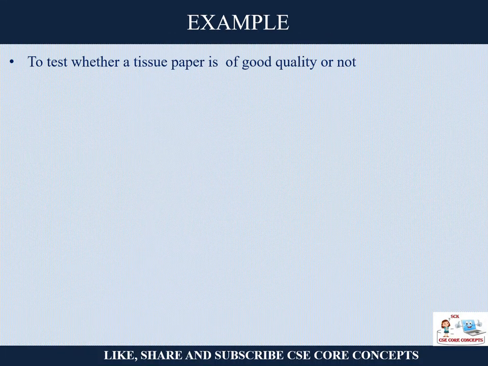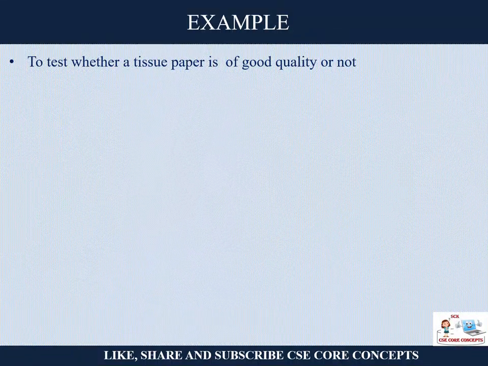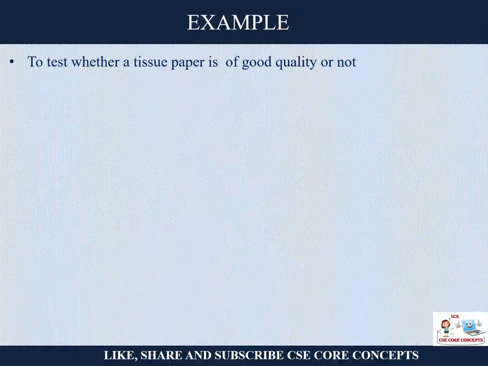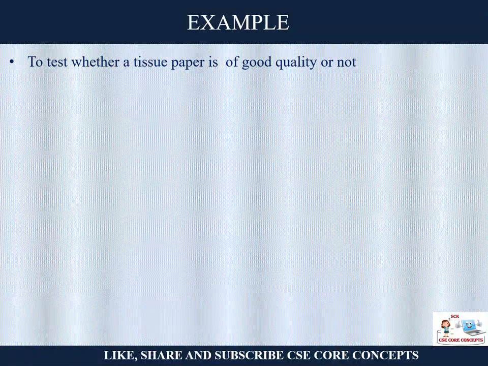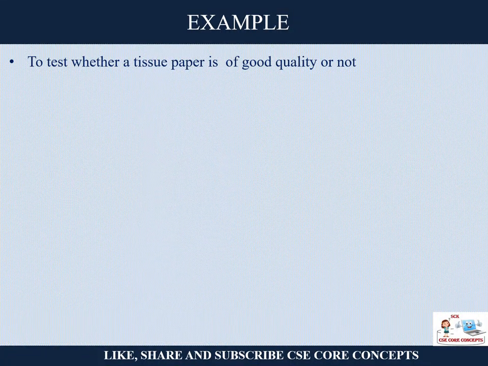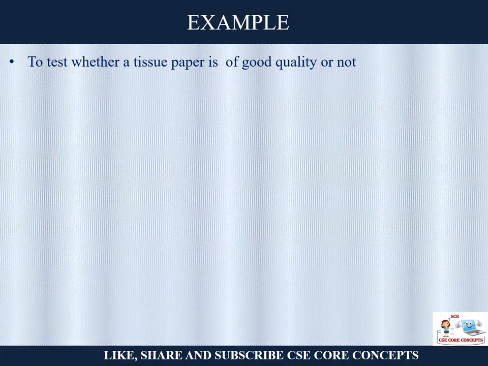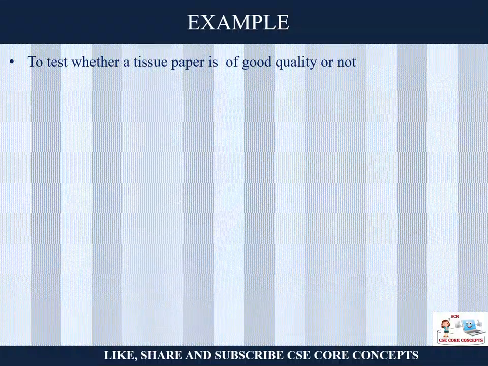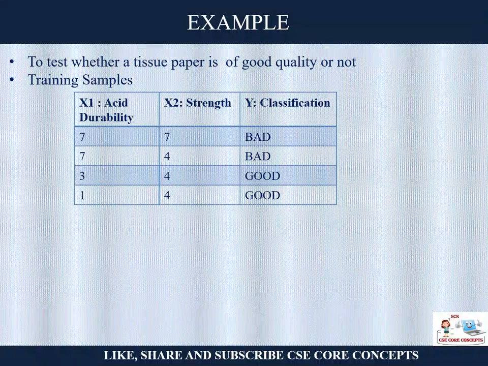So let us be very clear with an example. Say I have been given a problem where I want to find out whether a tissue paper is of good quality or not. So there are only two classes here: either the tissue paper is of good quality, yes, or it is not, 0. This is my training sample.